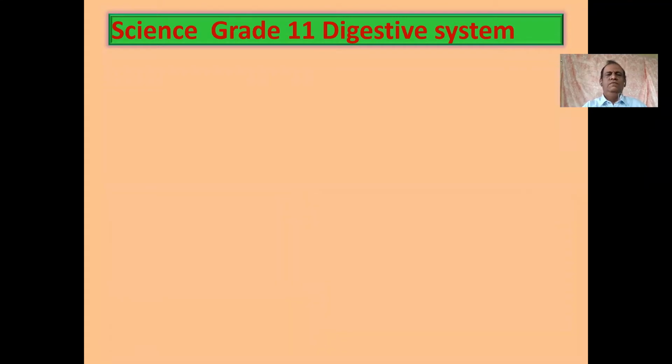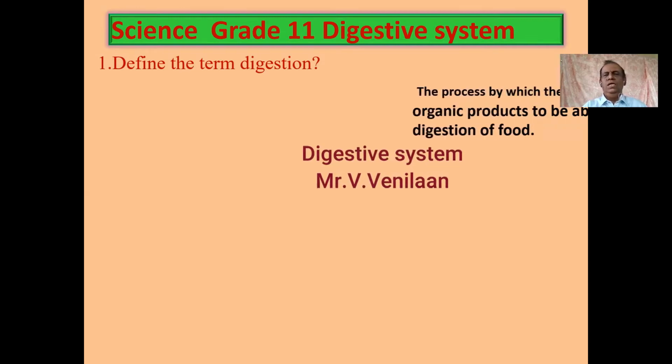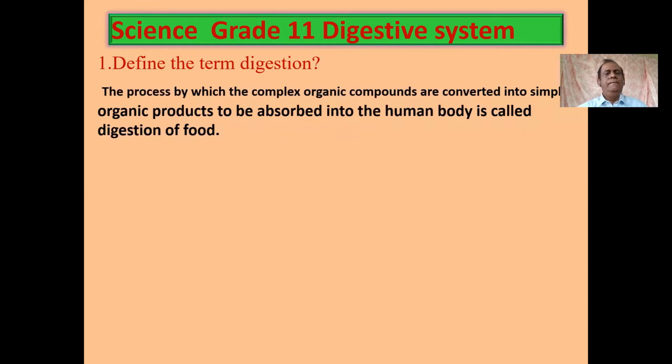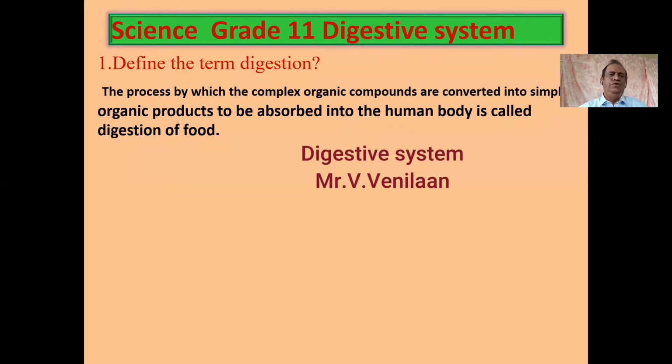So first we think about defining the term digestion. You have to write: the process by which complex organic compounds are converted into simple organic products to be absorbed into the human body is called digestion of food.